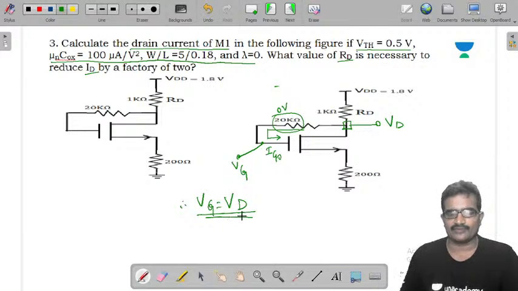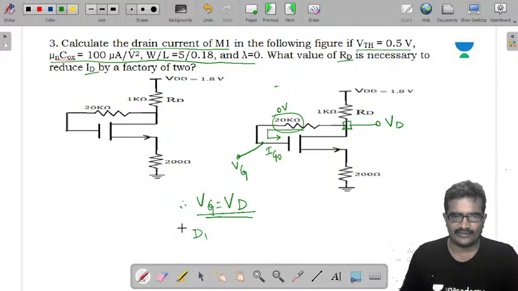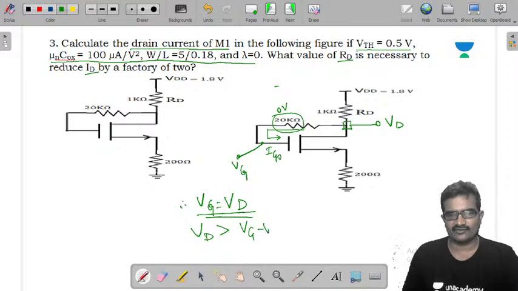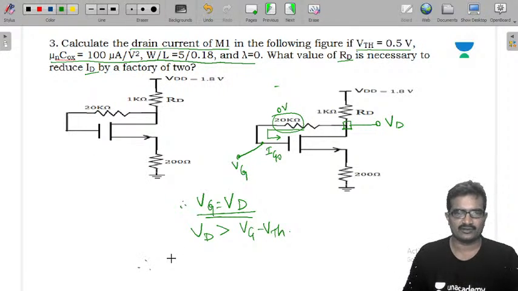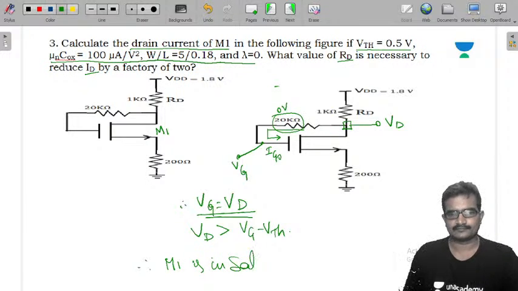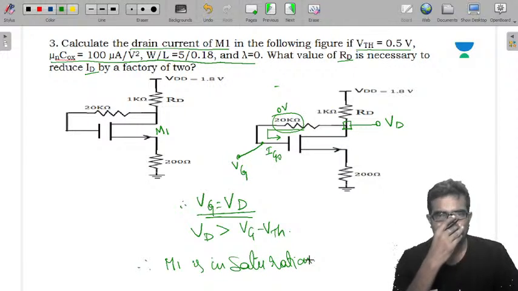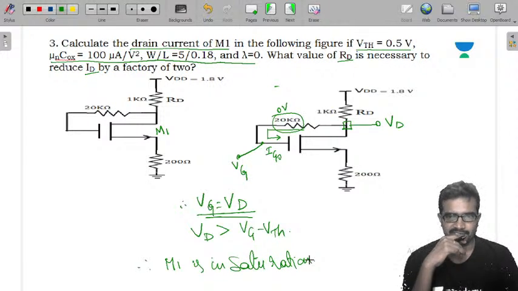Once VD equals VG, always VD is greater than VG minus VTH. Therefore, I am giving the name M1 to this device, and M1 is in saturation.